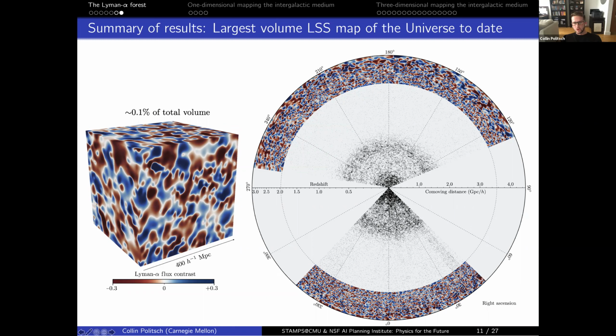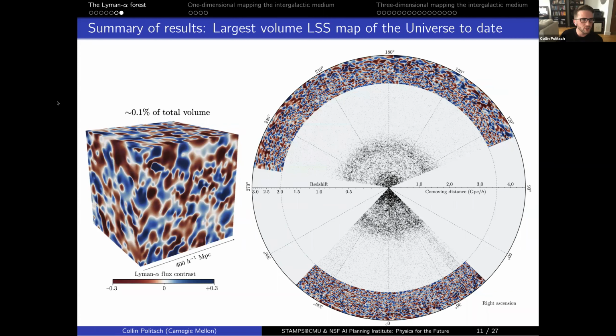Here we have a two-dimensional cross-section of the three-dimensional map, and so we really get a sense of the depth of the map. It spans redshift 1.98 to 3.15, and then at low redshifts we get the galaxy distribution observed by the Sloan Digital Sky Survey.